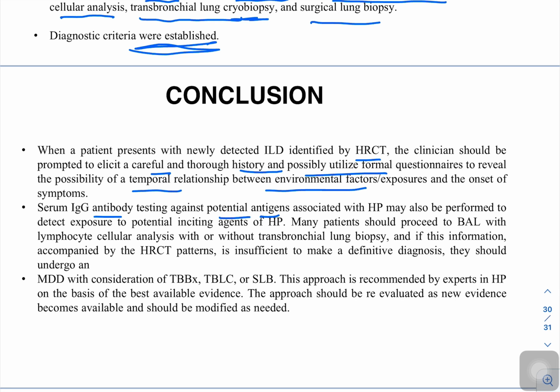BAL could be arranged to see lymphocyte cellular analysis, with or without transbronchial lung biopsy. And the information should be utilized with HRCT patterns. And MDD discussion can be done for transbronchial biopsies, transbronchial lung cryobiopsies, or surgical lung biopsies.